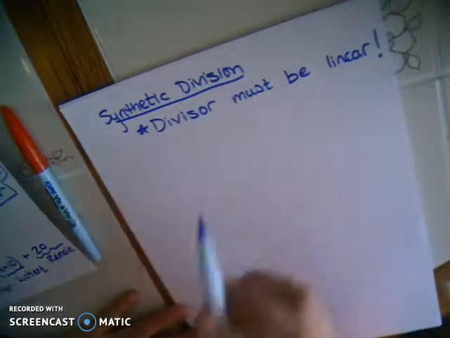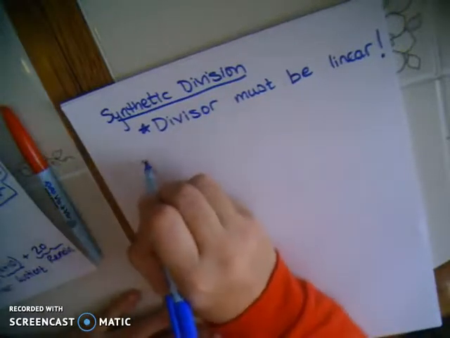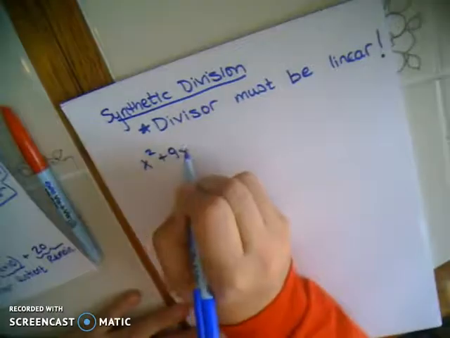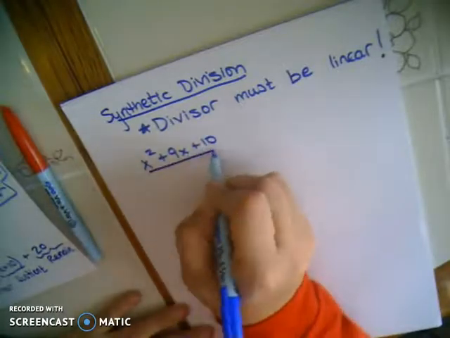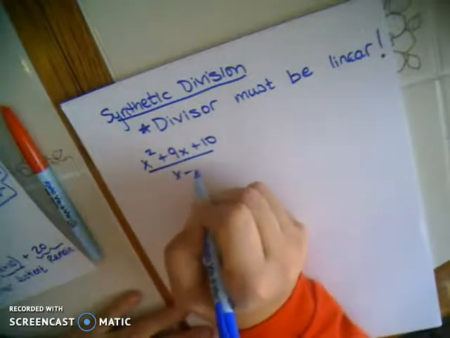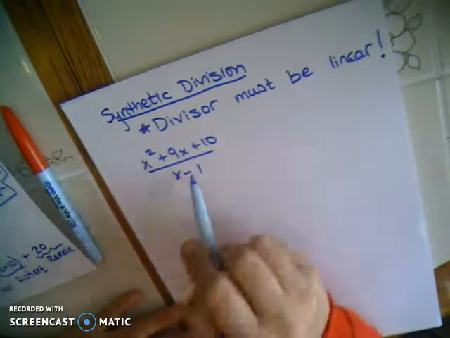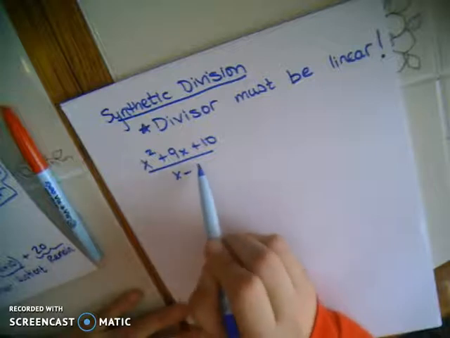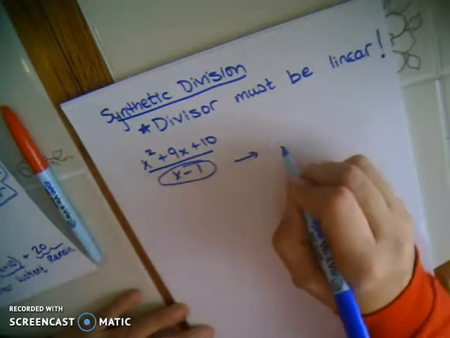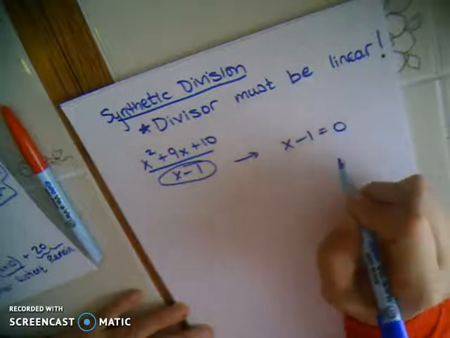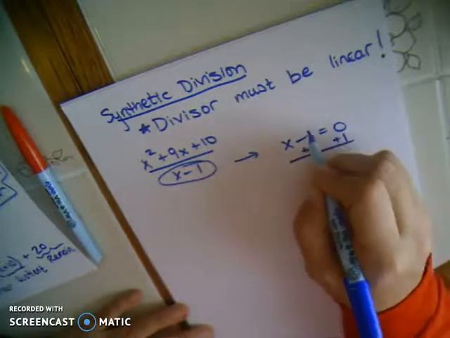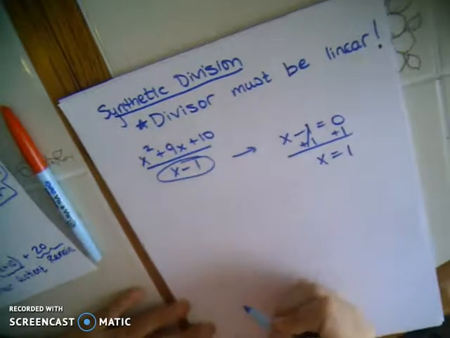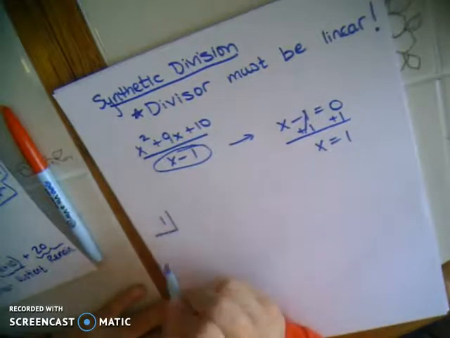It will not work. So, again, if we're asked to calculate x squared plus 9x plus 10 divided by x minus 1, what we're going to do is we are going to take our divisor and set it equal to 0 and solve. And this gives us a special number to work with in synthetic division.